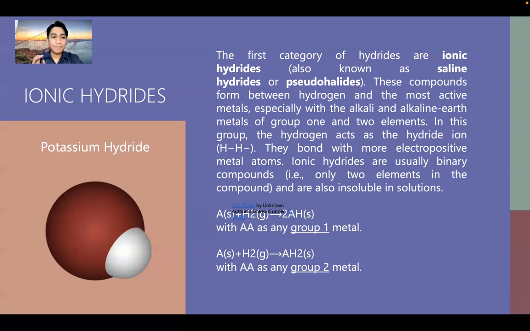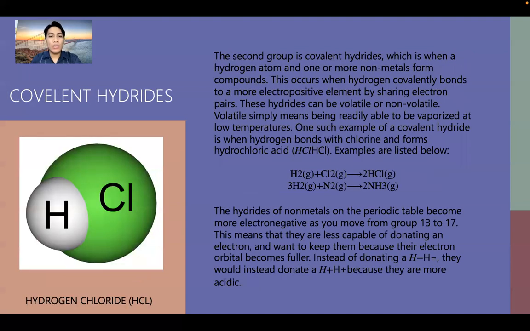But in group 2, the alkaline earth metals, they need two hydrogens to produce a hydride because group 2 elements are positive 2. So they need two hydrogens to become stable. For example, we have calcium hydride, with the formula CaH2.